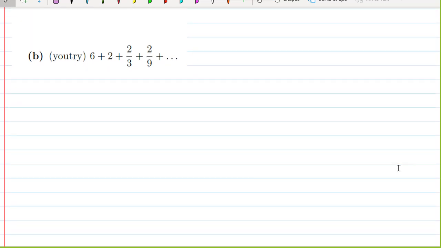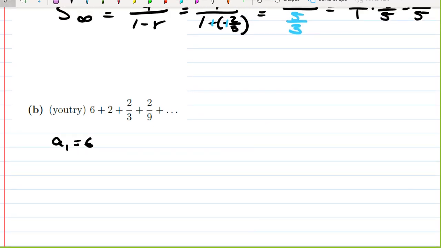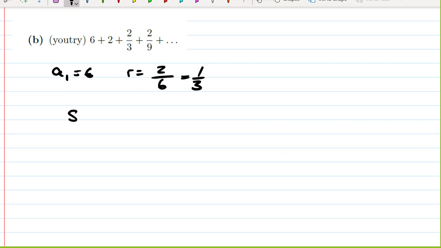All right, so to calculate this infinite sum, our first term, a1, is just going to be 6. Our r is a2 divided by a1, so 2 over 6, which reduces to 1/3. So then our S infinity is going to be a over 1 minus r, which is 6 over 1 minus 1/3.